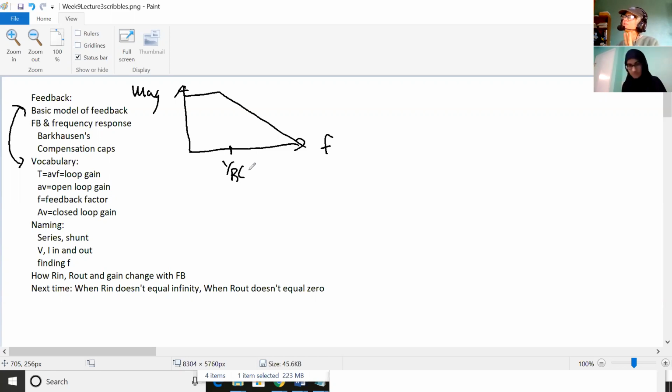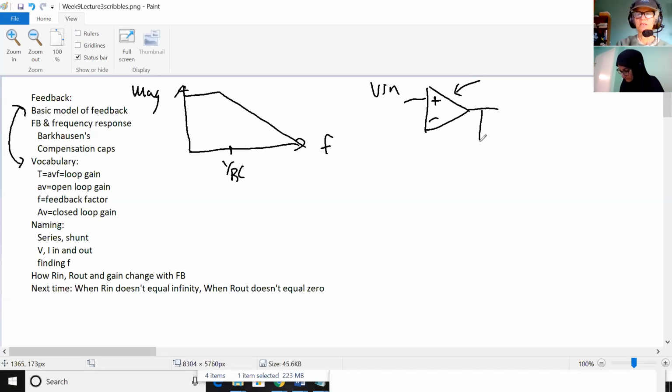So it's a 2-pole system, but let's say the second pole is far enough out that we can ignore it a little bit. So we're just treating this as a single pole system for a second. And you have something like this.